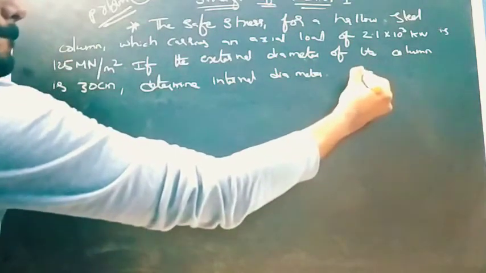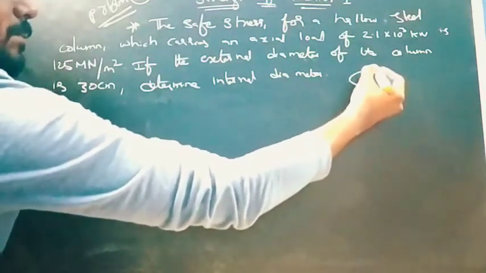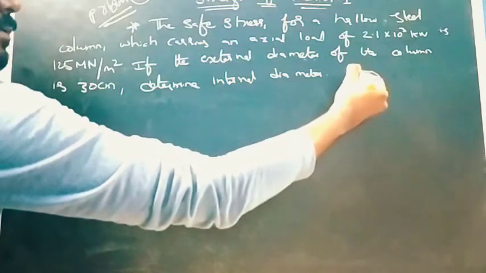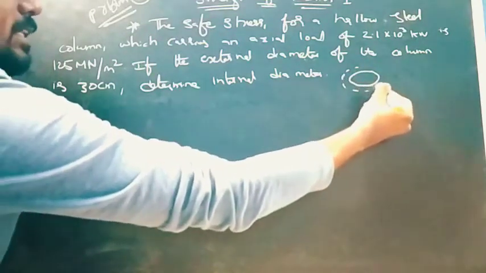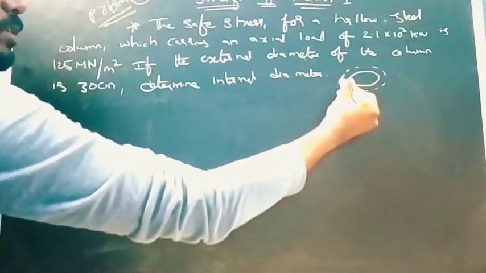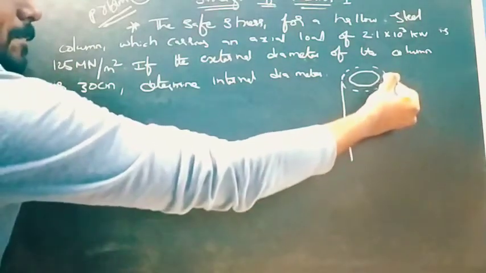So with this data, we'll try to draw. This is the external diameter. So hollow section.